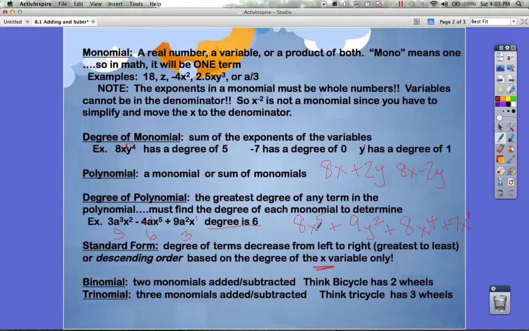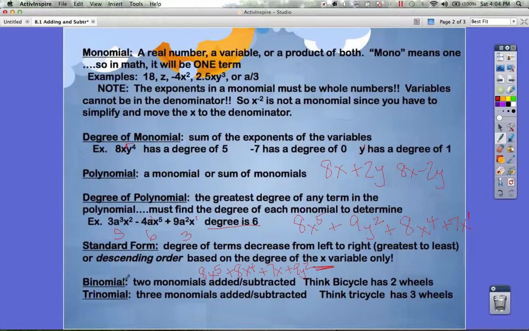So if you were going to write it in standard form, you would write 8x^5, and then the next one was 8x^4, and the last one was 7x plus 9y squared. Okay? That would be in standard form, based on just the x values. If it doesn't have one, it goes in the back end.